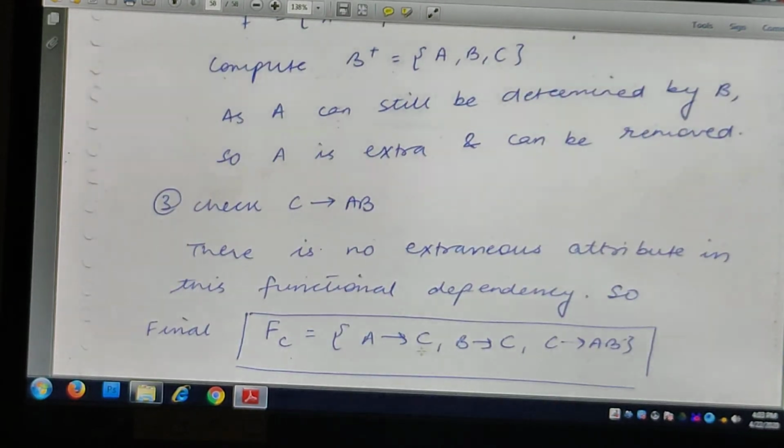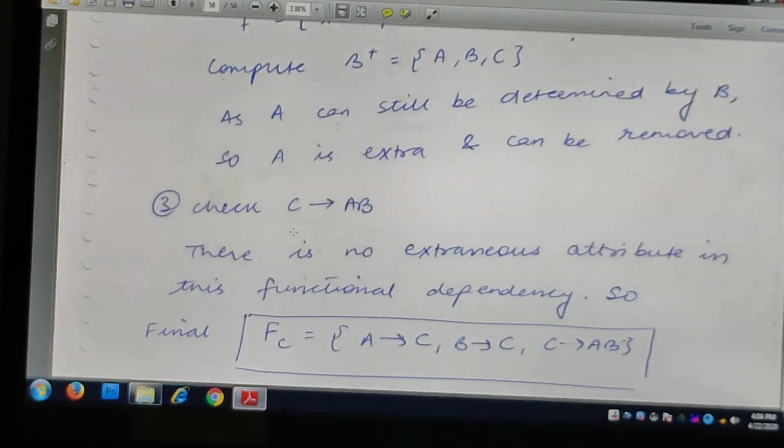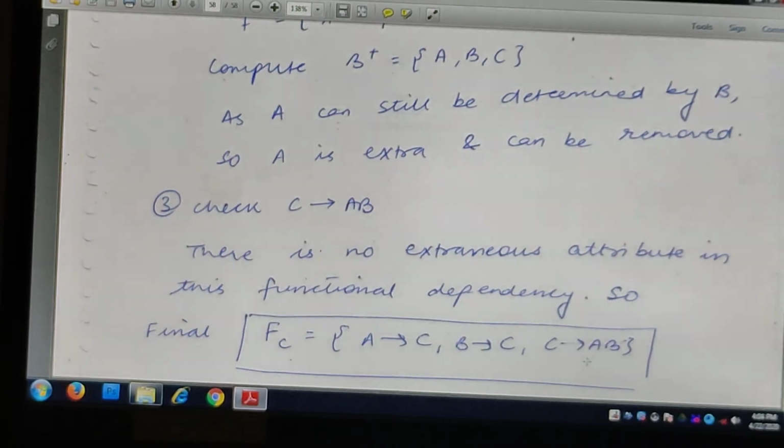Now C to AB, if I remove A from here, and before removing, if I calculate the closure, the closure of C will have ABC: A dependent on C, B dependent on C, C itself dependent on C. If I remove A from here, I will be left with C to B. Using that C to B, after removing A, if I calculate the closure of C, I will not have the attribute A in the closure of C. It means the closure of C will change if I remove any of these two attributes from this functional dependency.